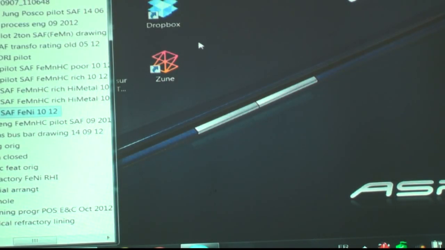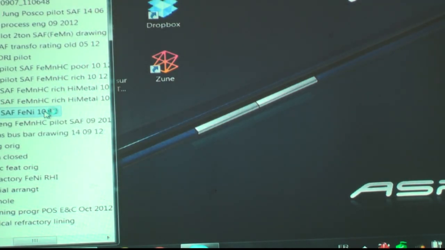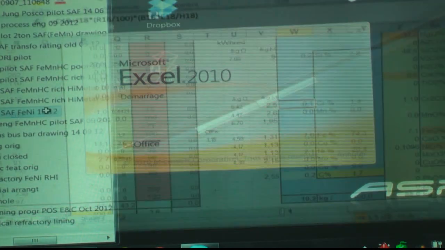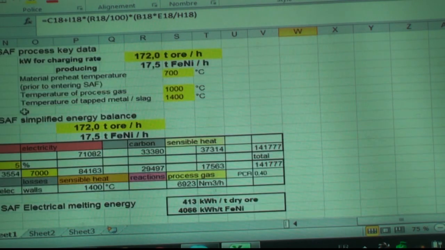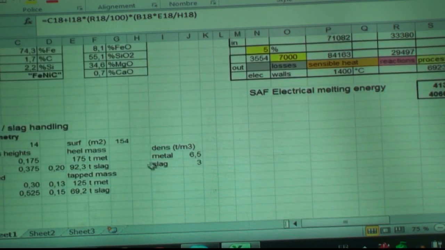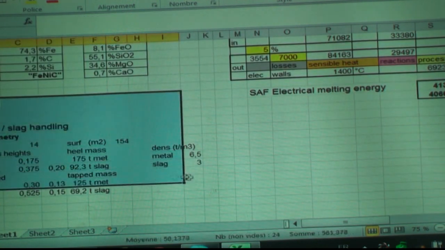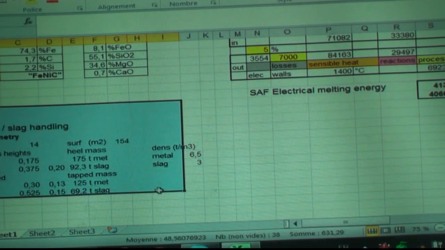Can you show the Excel sheet? This one, the same one. We did not comment on this, but I commented with Mr. Jin on this part. But this is nothing, just calculating the amount of tapping between two levels of height.